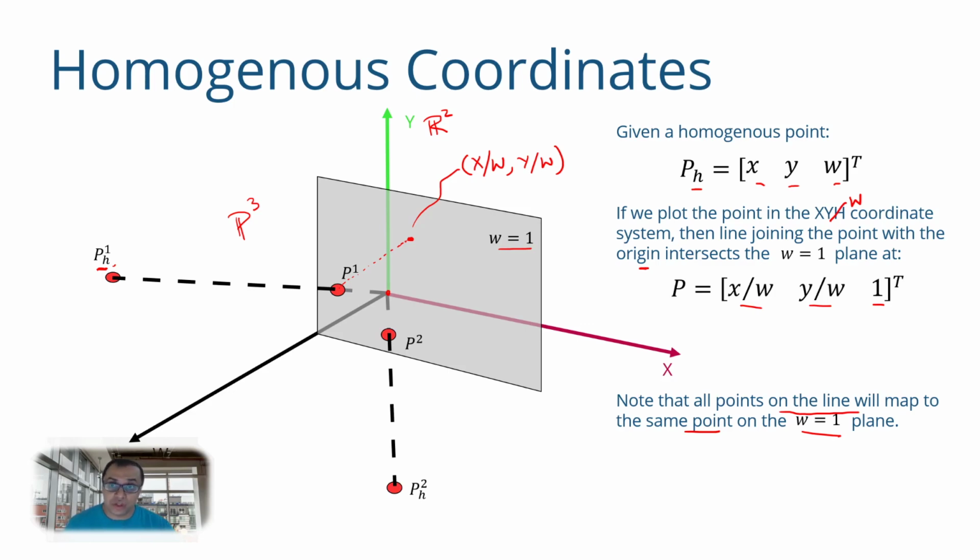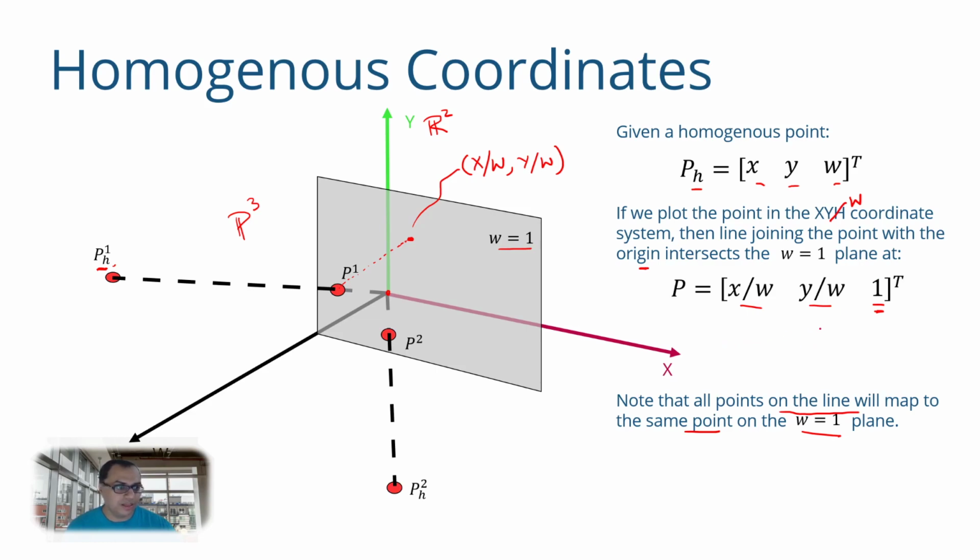So this is the geometric interpretation of homogeneous coordinates. You can have any value here, and you just divide by that, and you land up with the corresponding Euclidean point. Now I want to leave you with two thoughts.